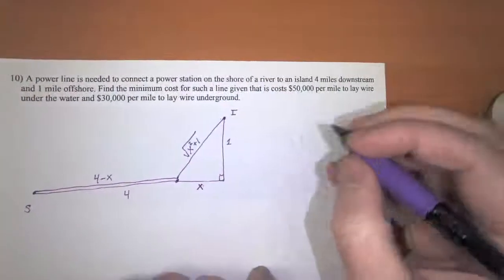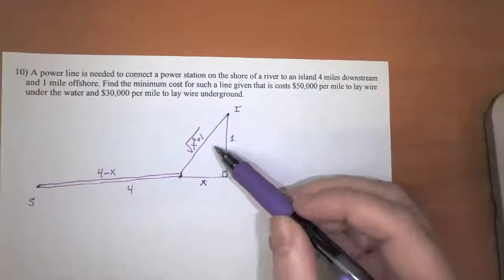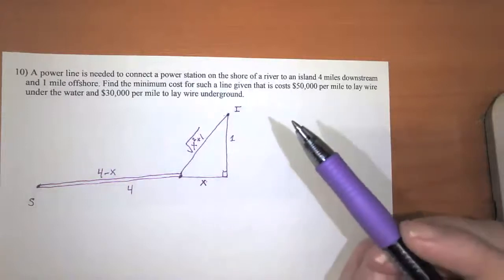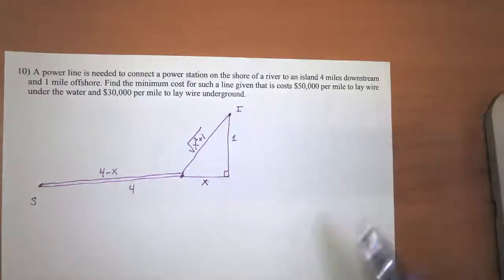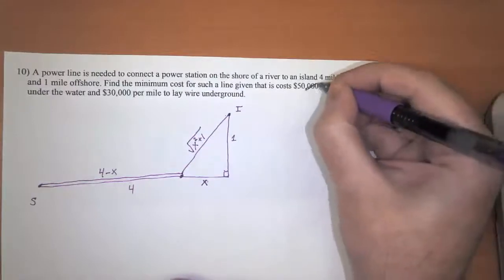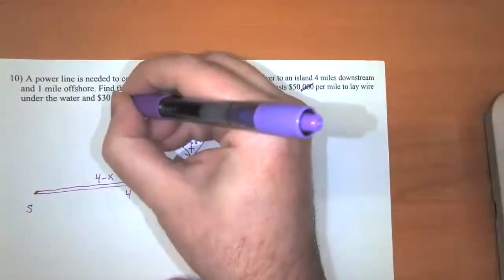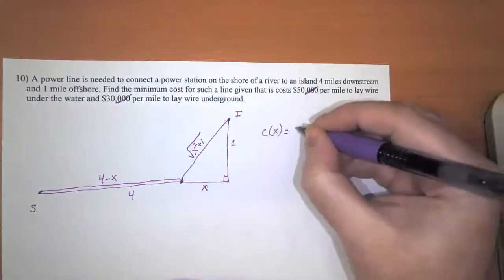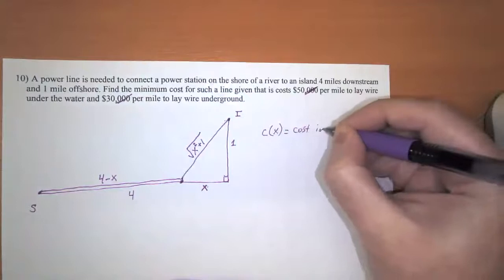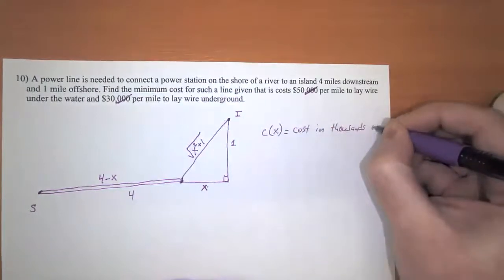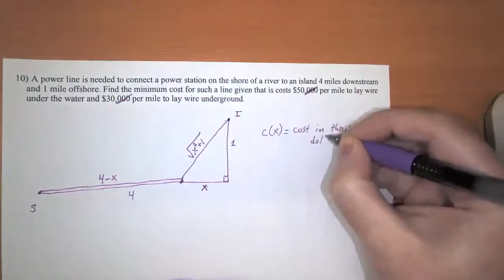All right, and the last thing that we need to figure out is, what should our cost function be? All right, and just to make things a little bit easier and not to have to carry so many variables around, why don't we say that C of x is the cost in thousands of dollars?